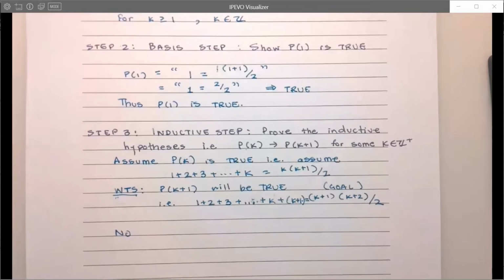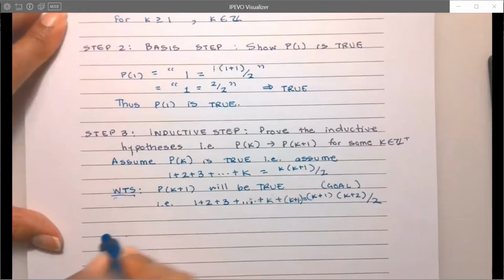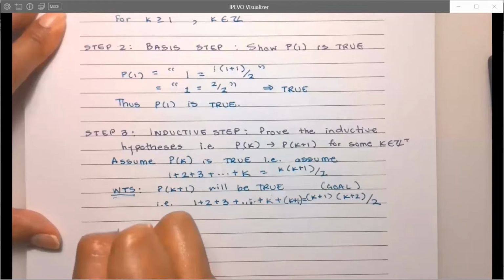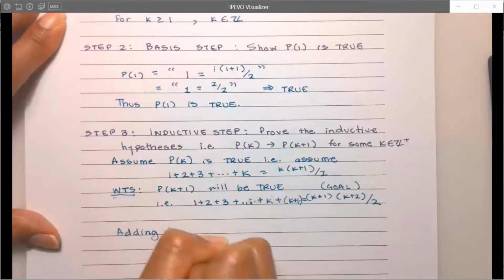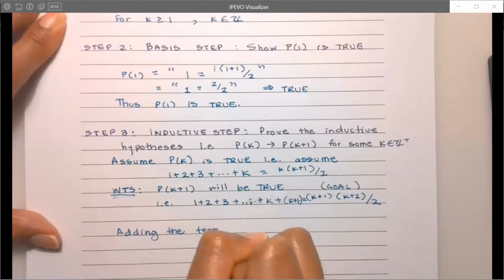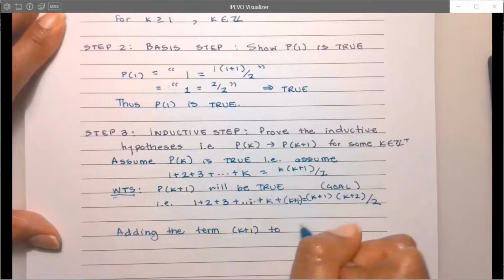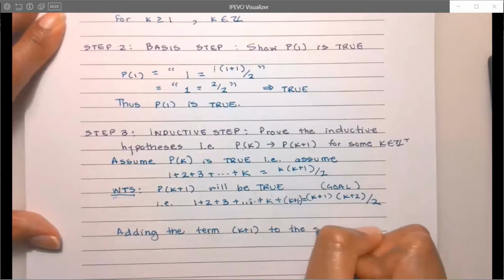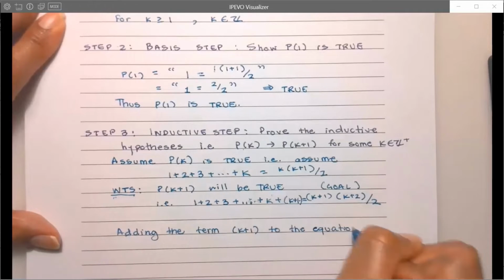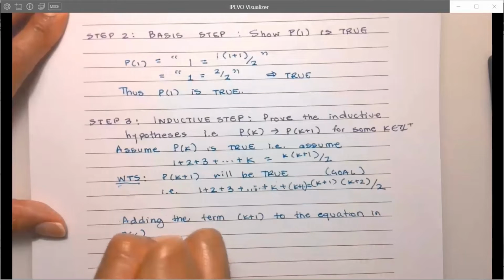And maybe it's a good thing to start highlighting soon, so I'll have my highlighter handy. So adding the term k plus 1 to the statement or the equation in P of k, we get the following.